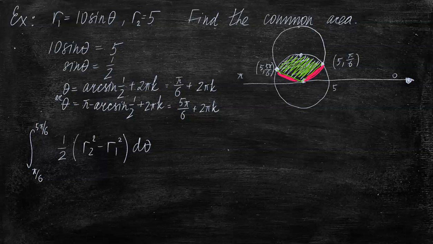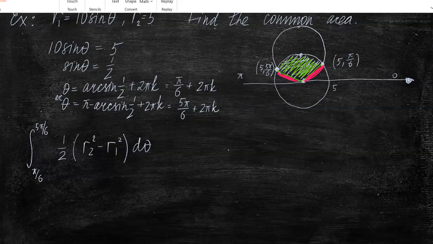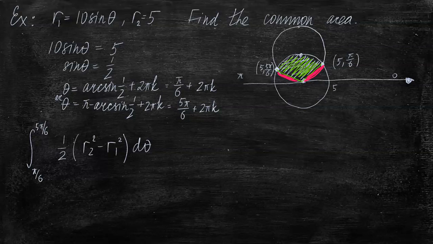So here's what we can do to tackle this issue. We can find the green area by setting up this integral. So instead of R2, we're going to put 5.